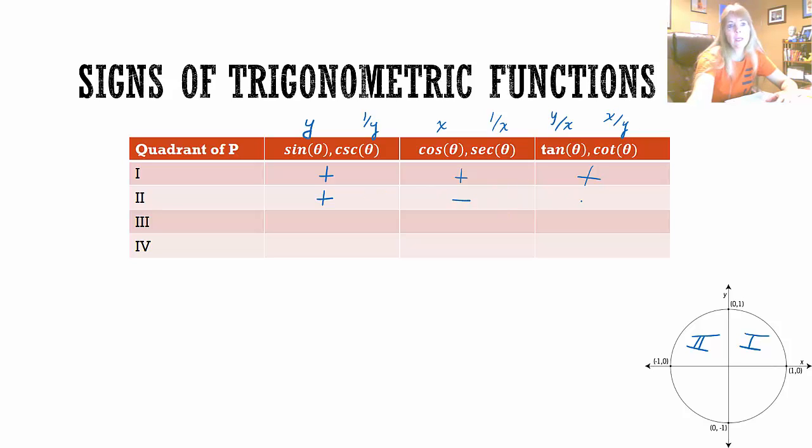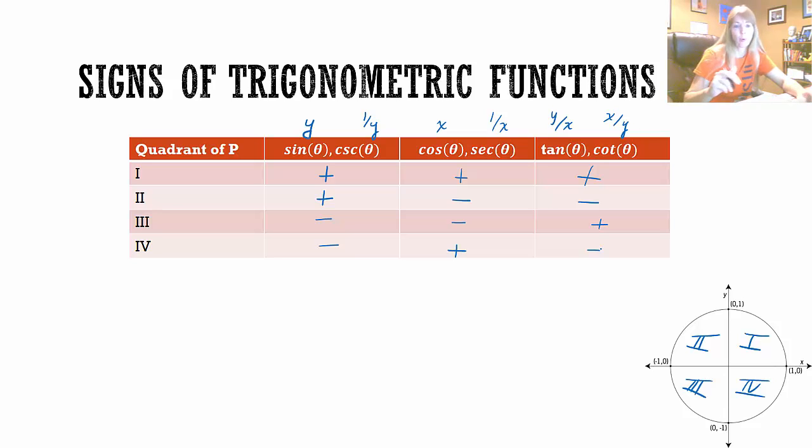A positive and a negative is a negative. If I'm in quadrant 3, my y value is negative, my x value is negative, and a negative and a negative is a positive. And then finally quadrant 4, my y value is negative, my x is positive, and a negative and a positive would be negative.